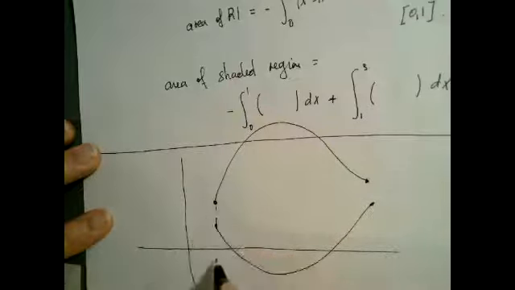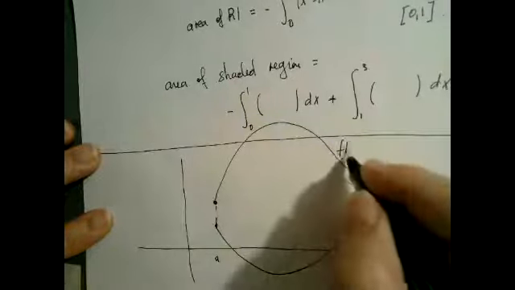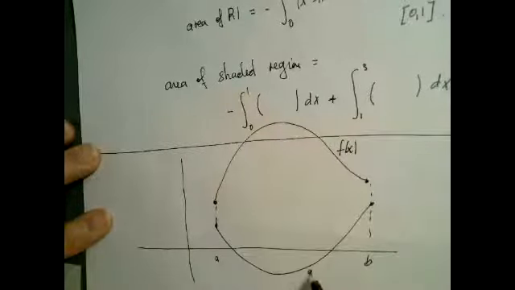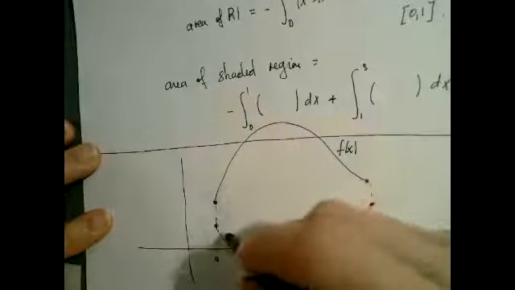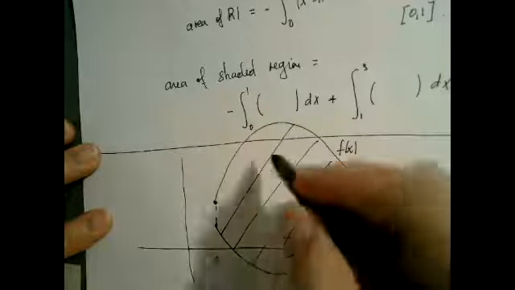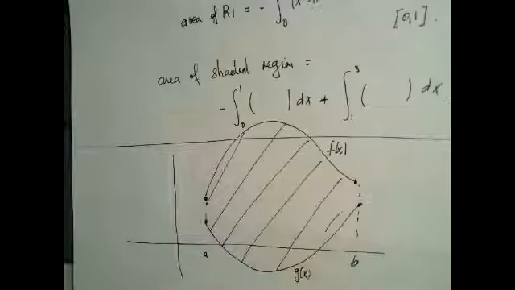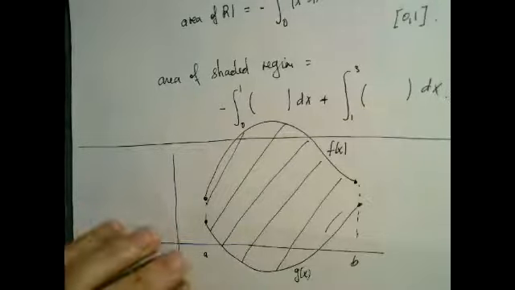This is a, this is b, and this is my upper function, the top function, and this is the lower function. And now the question is how to find the area between them. That's going to be the content of section 6.2. We're going to try to find the area between two regions.